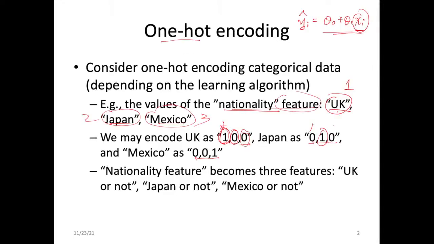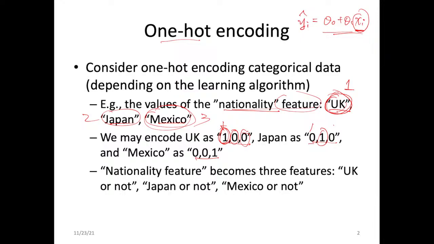Okay, let's think about KNN first. For KNN, if we encode UK, Japan, Mexico as 1, 2, and 3, then essentially you are assuming that the distance between UK and Mexico is larger than the distance between UK and Japan, which may or may not be true.